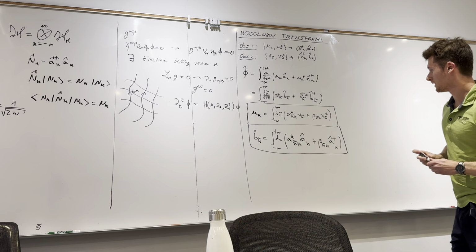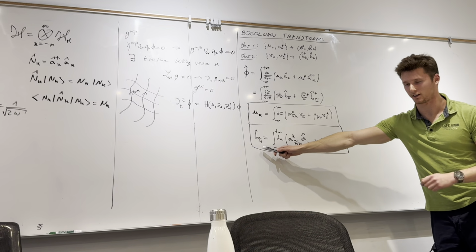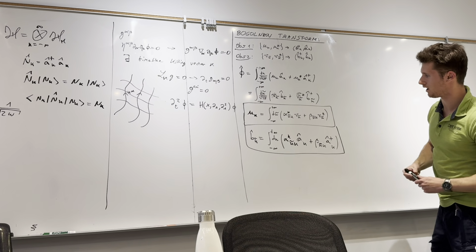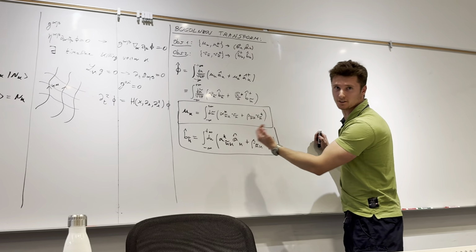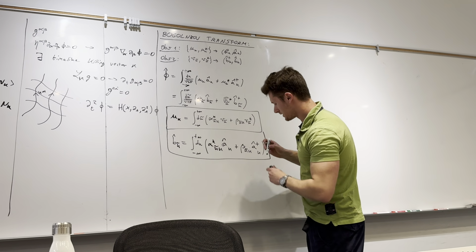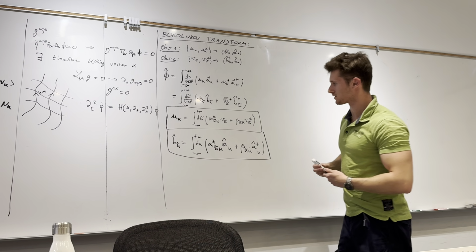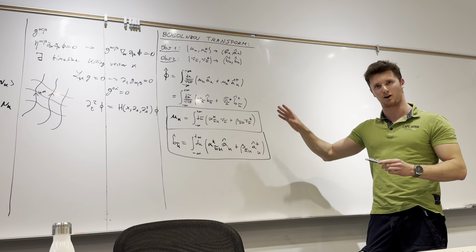Yes, thank you. So yeah, the second observer can express his creation and annihilation operators in terms of a linear combination of both the creation and annihilation operators of the first observer. Now, this is a non-trivial statement, and you can already see where this is going.